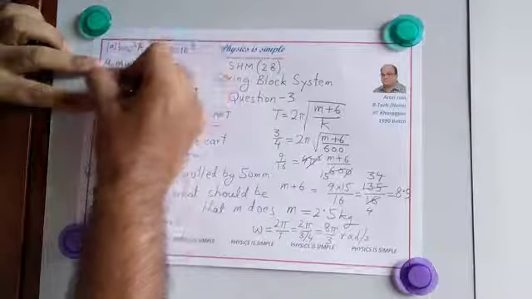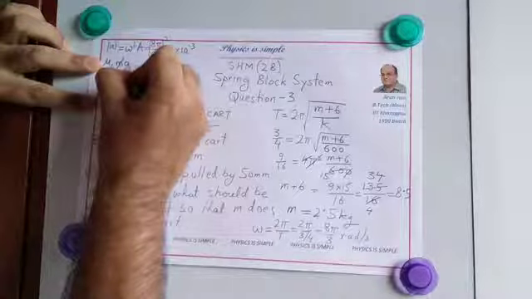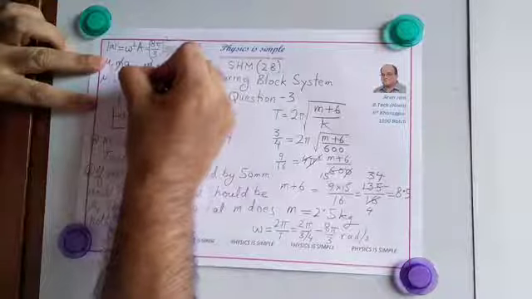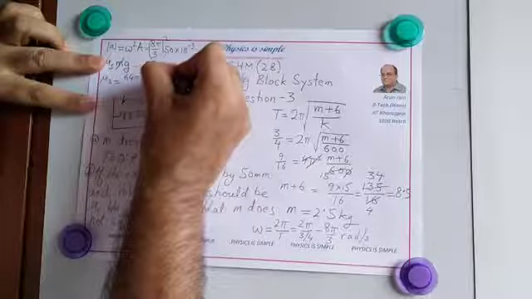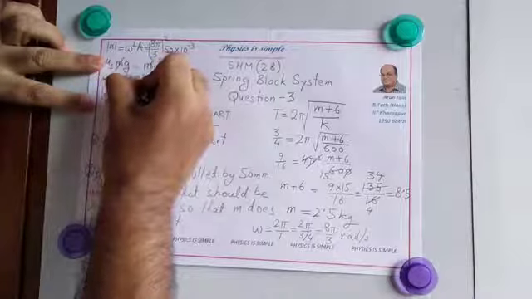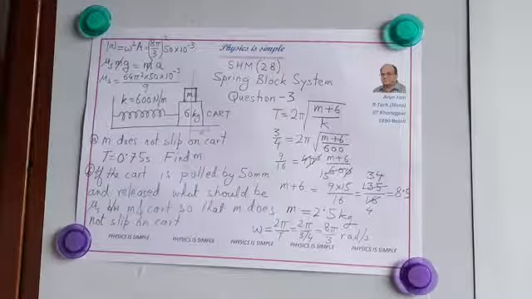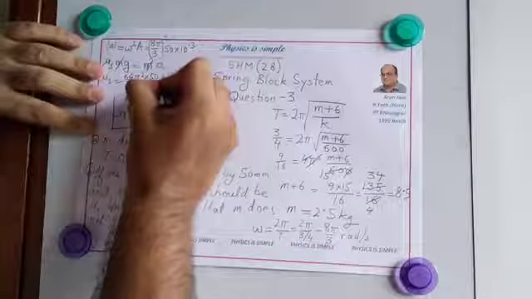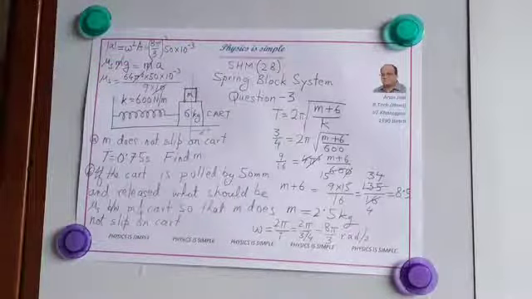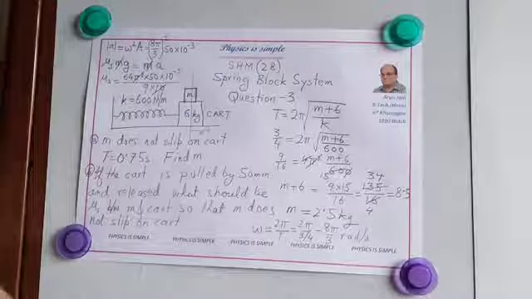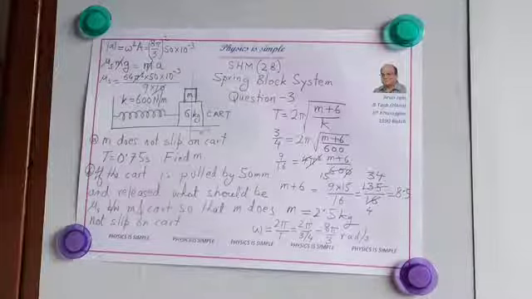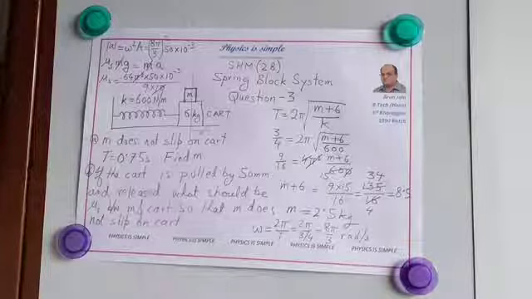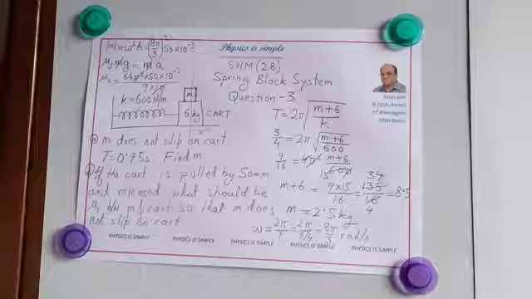A is this 64 pi square into 50 into 10 to the power minus 3 divided by 9 into that g which is 10. So pi square and 10 cancel out. 64 into 50 will give us 3200.